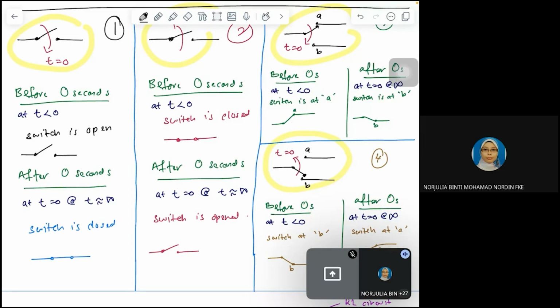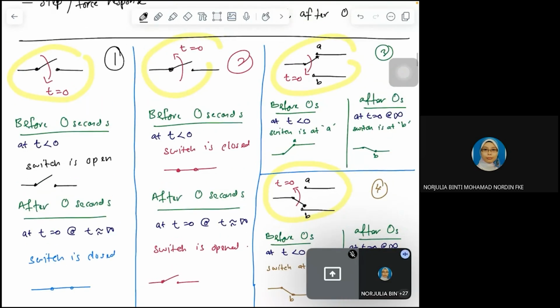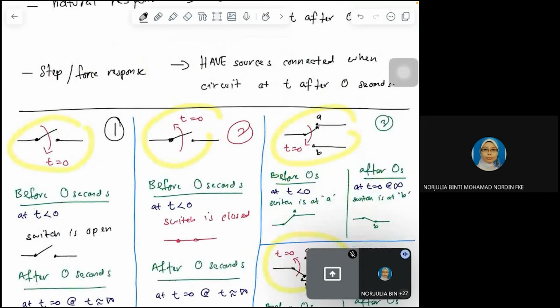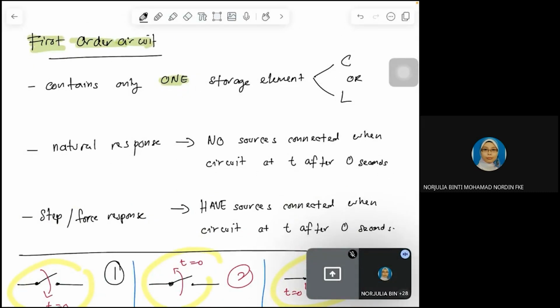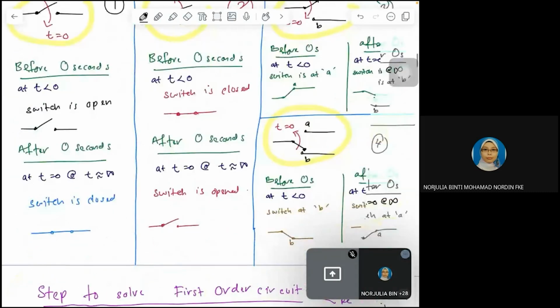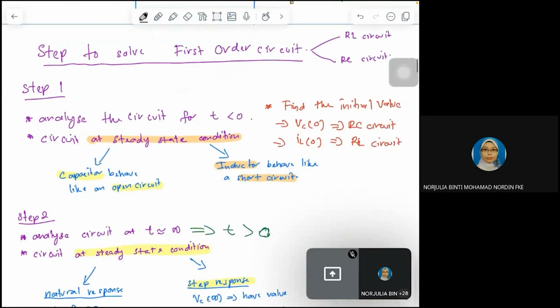All right. So the next step on how to tackle the first order circuits question is by following these steps to solve the first order circuit.